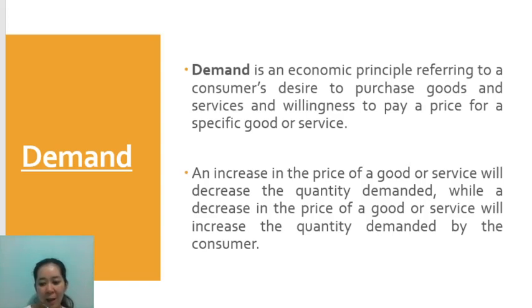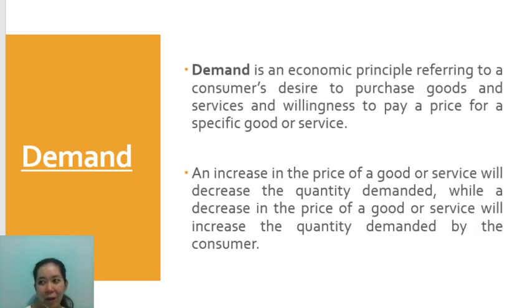Okay, so demand cannot be fulfilled if only either willingness or ability is present. Because, for example, if the consumer is willing to buy, but he is not able to buy, or he cannot afford to purchase it, then we cannot consider it as demand, and vice versa.